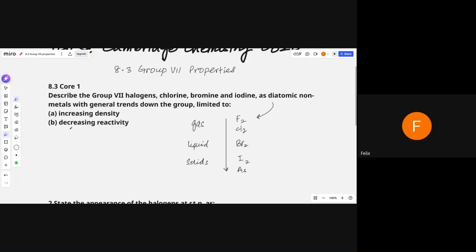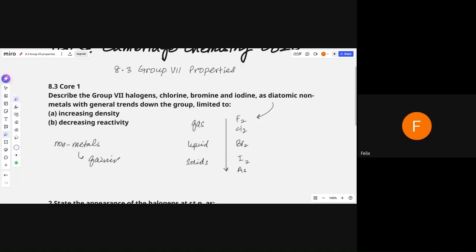Now, decreasing reactivity. I've explained it in our previous topic as well: as we go down the group, the reactivity of non-metals, or the reactivity of group 7 halogens, decreases, because remember that non-metals react by gaining electrons, right?